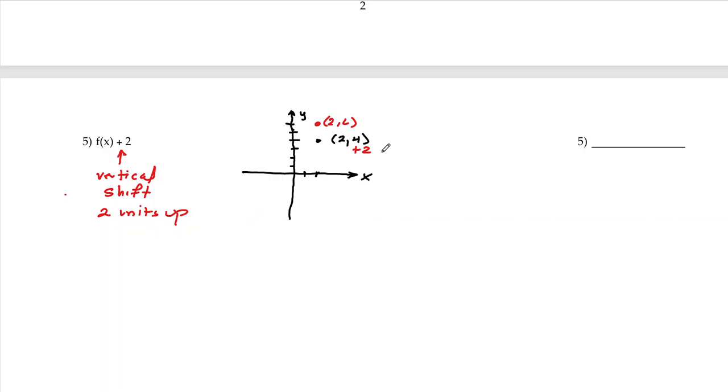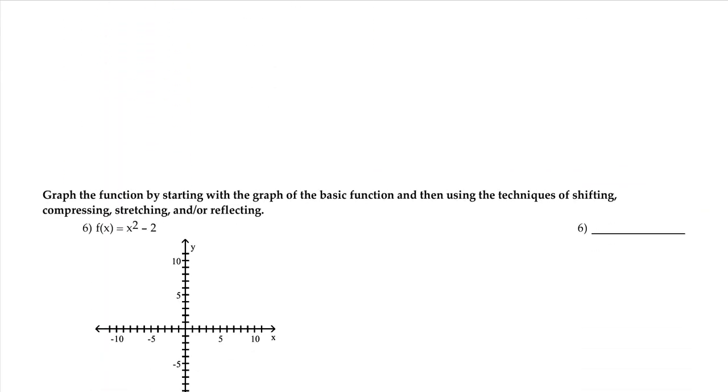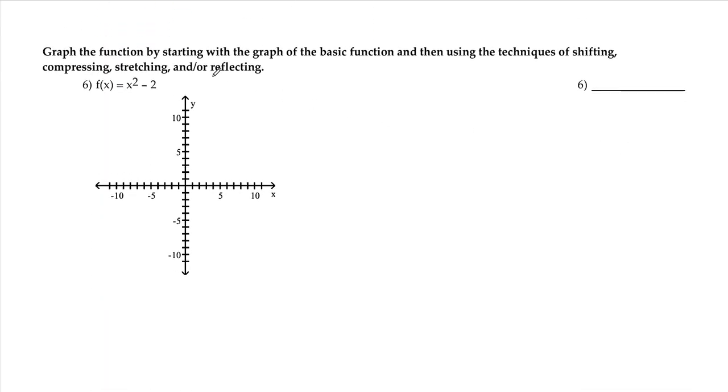Now, once you understand how to apply the shift up, down, right, or left, then we're ready to do it with a function. So look at the function given. It is clear here that the basic function is the square function y equals x squared, right?